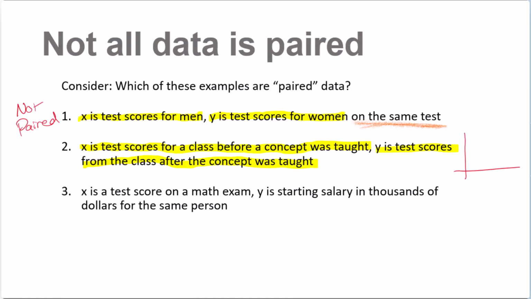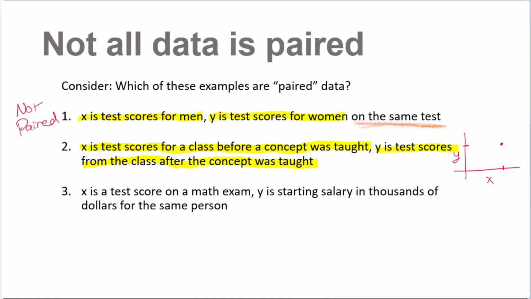So if I had my little scatter plot here and I had my X's and my Y's, one point on here would be the X coordinate would be the pre-test score for that student. The Y coordinate would be the post-test score for the same student. So it would make sense to create a scatter plot here. But correlation isn't really the question that I'd be most interested in this example.